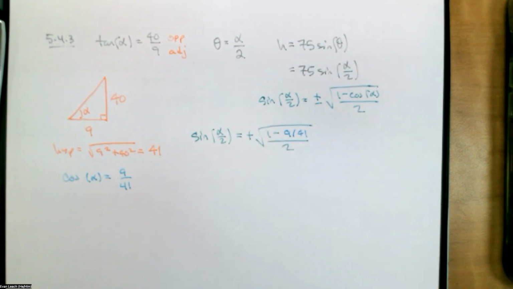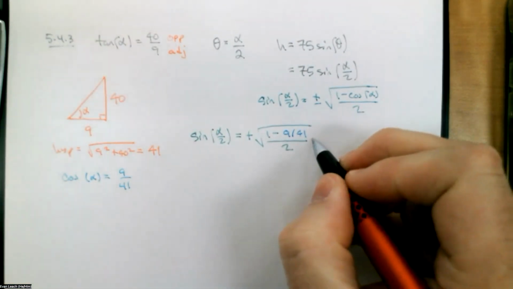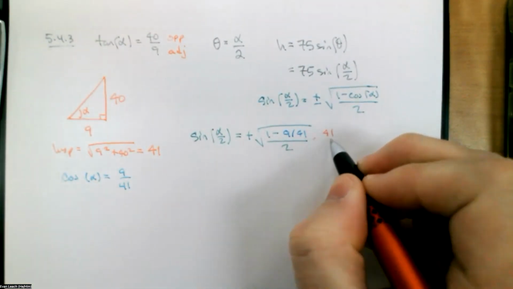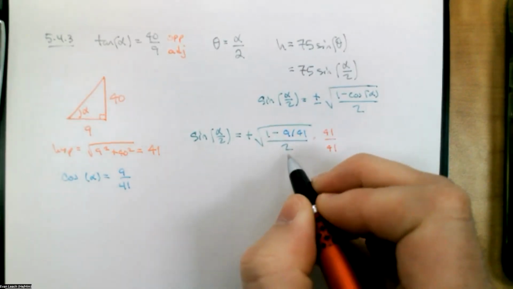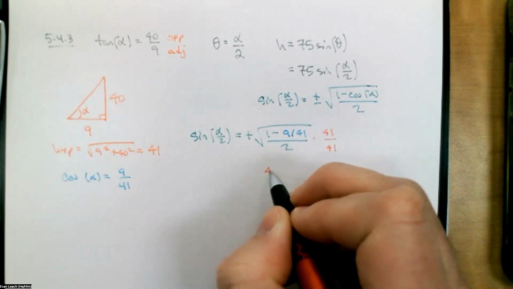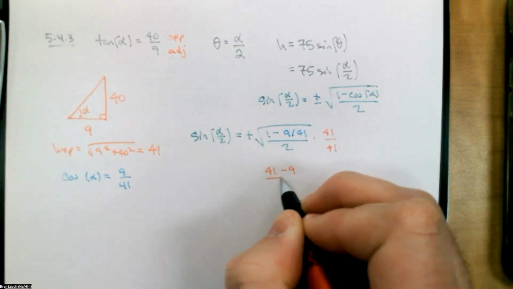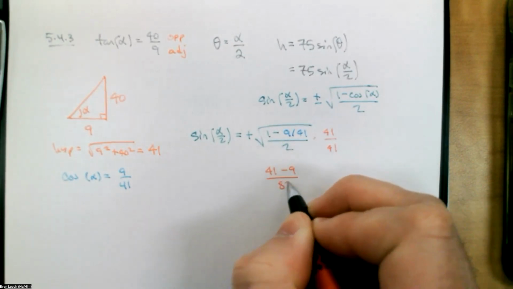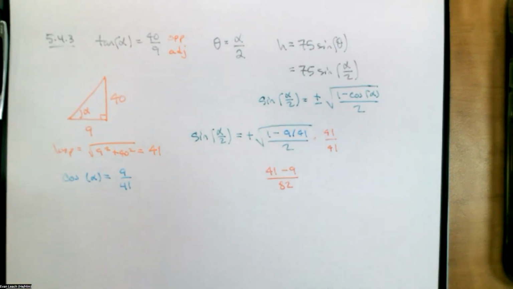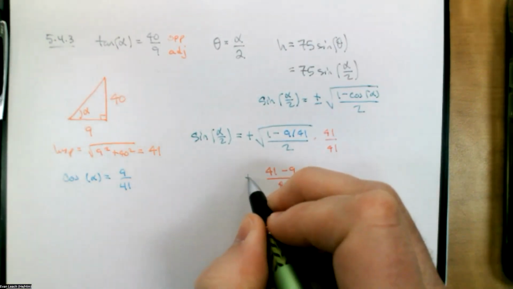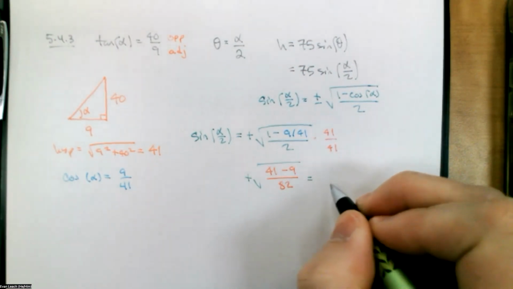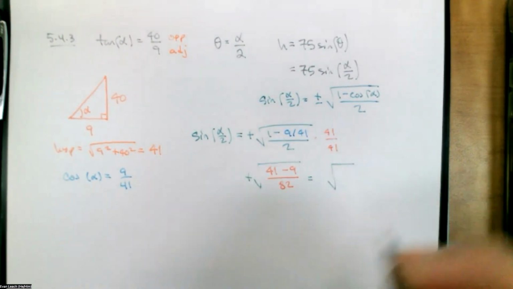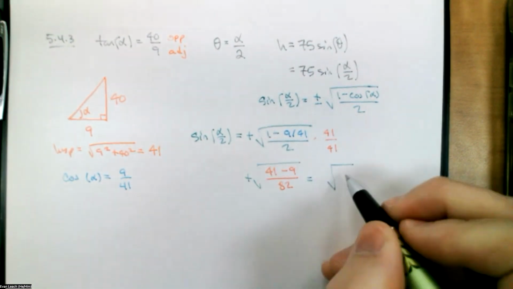We don't like complex fractions. Well, I do. I don't know about y'all. So we'll multiply by 41 over 41. So we'll have 41 minus 9 over 82. This is all still in a square root. So we'll have the square root of 41 minus 9, which is 32, over 82.